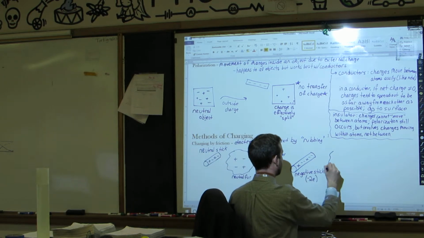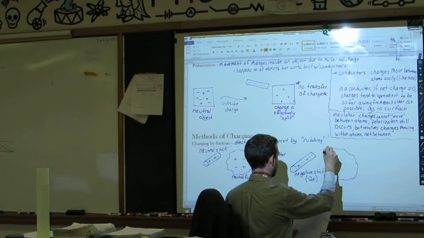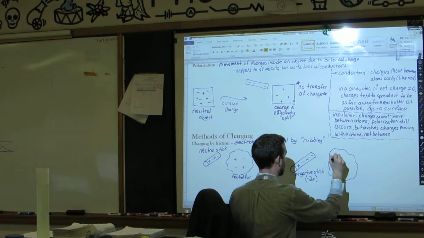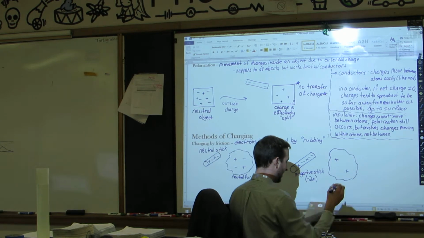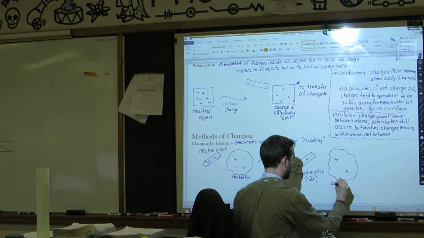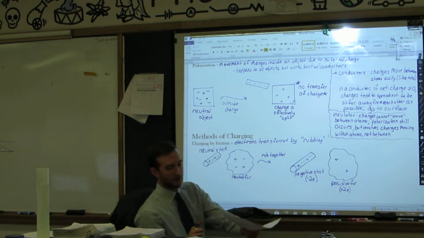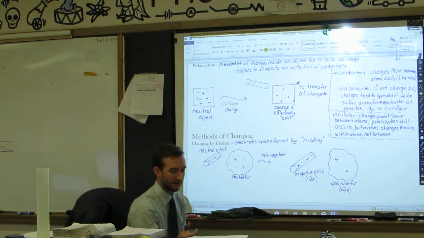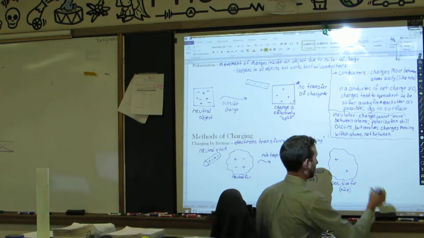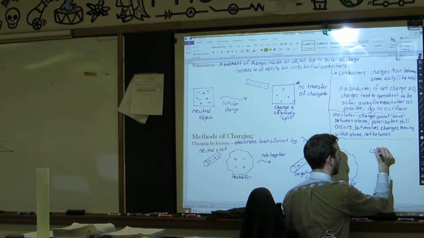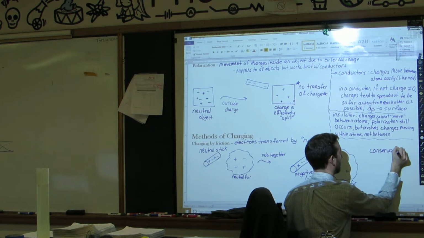The fur, on the other hand, has lost its electrons. It is now +2 e. And this again shows the idea of conservation of charge. I have not created or destroyed any charge in this problem.